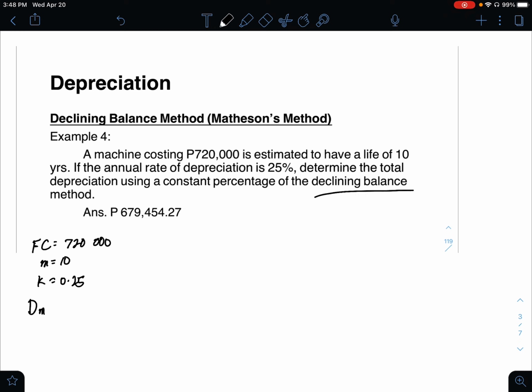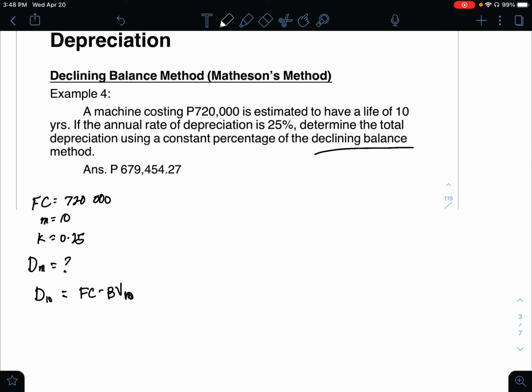We will again use the declining balance method, at 10 years. So D at 10 years is equal to, the formula is FC minus BVm, so BV10. Or we can do it directly, class.